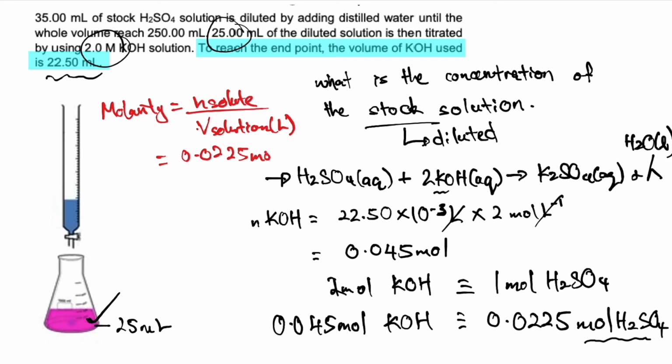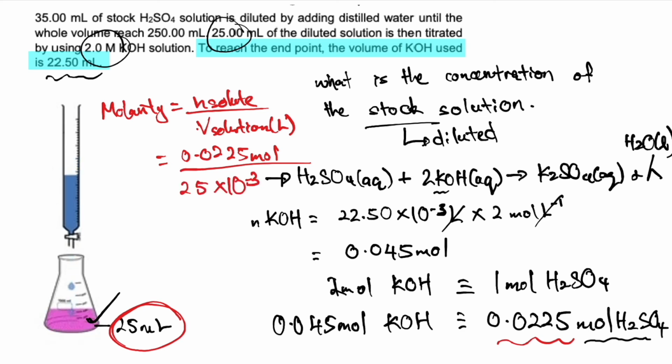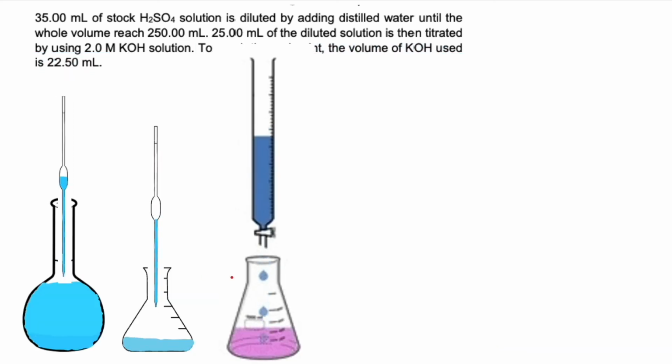Divide by, so the volume for this mole is 25, so 25 times 10 to the power of -3 liter. So you're going to get 0.9 mole per liter. So that's the concentration for your dilute solution. Okay, so you get your concentration for your dilute solution, 0.9 molarity.